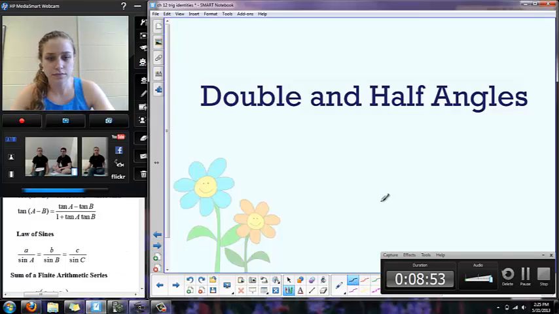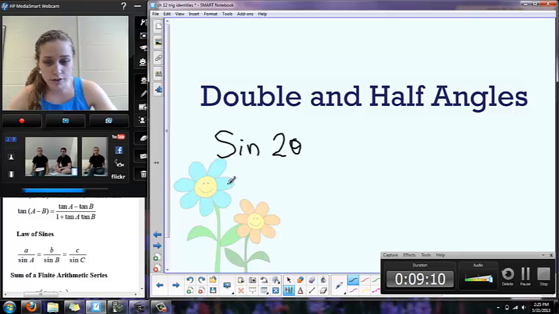Alright. Double and half angles. And what I mean by double and half angles is this. Like sine of a double angle would be sine of 2 theta, or if that theta is like 30 degrees, it'd be finding the sine of 60 degrees.